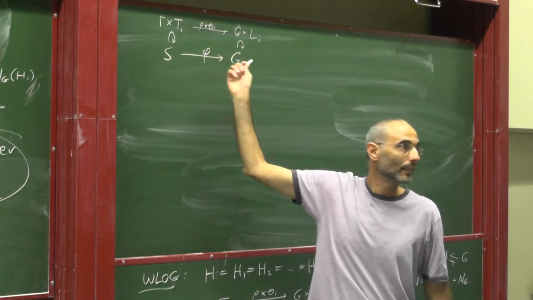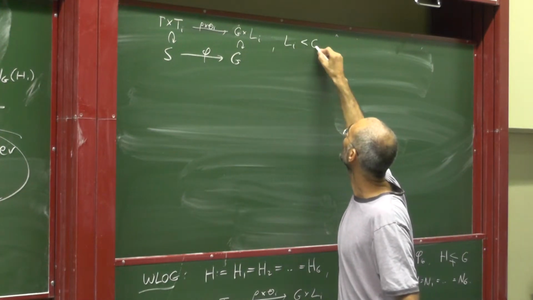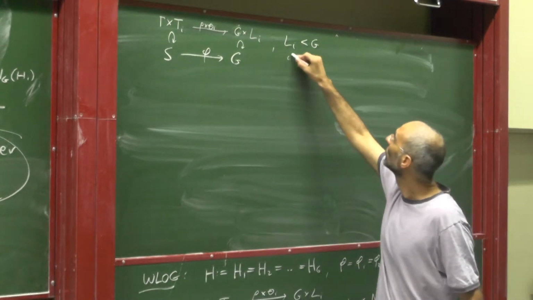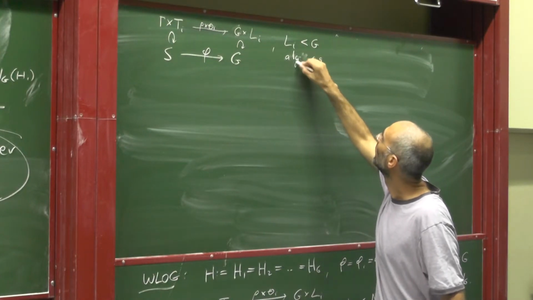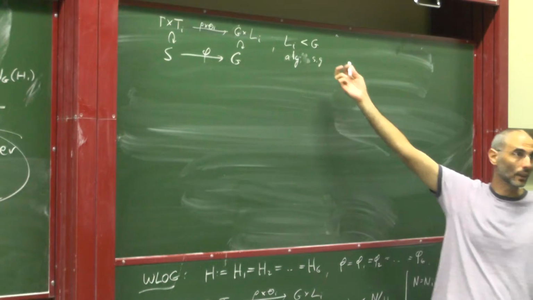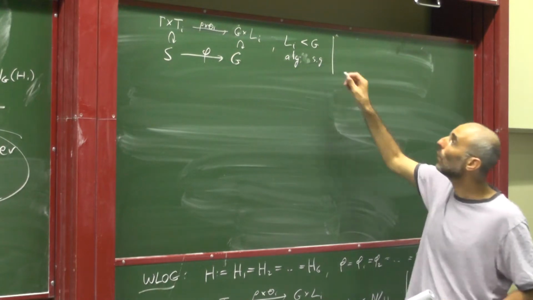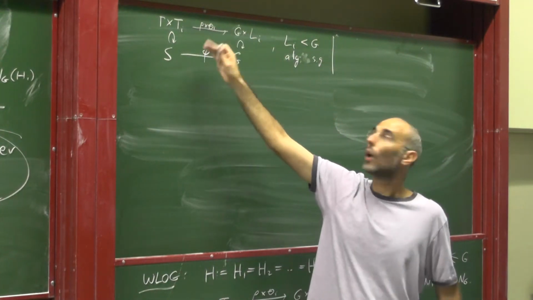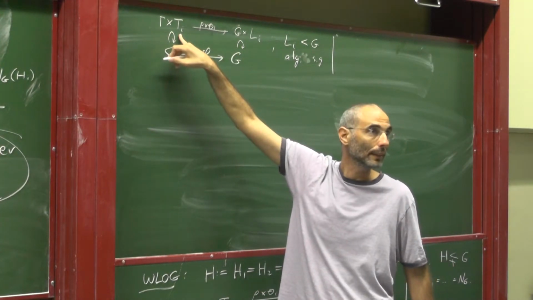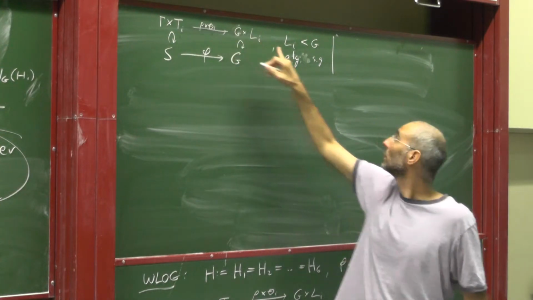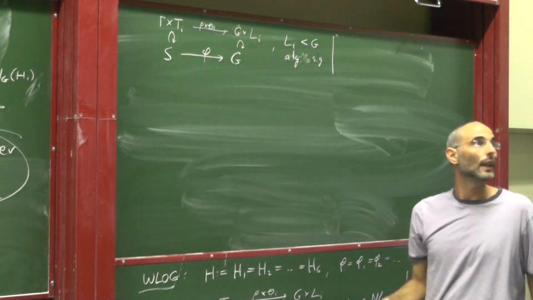The Ti's generate S, the right action of S. All the Li's, now I know that the Li's are actually subgroups of G. It was in N mod H. N is G, H is trivial. Somehow I want to glue together all these maps into one map from the group generated by the Ti's into the group generated by the Li's, or into the global envelope G. This is what is left to establish.